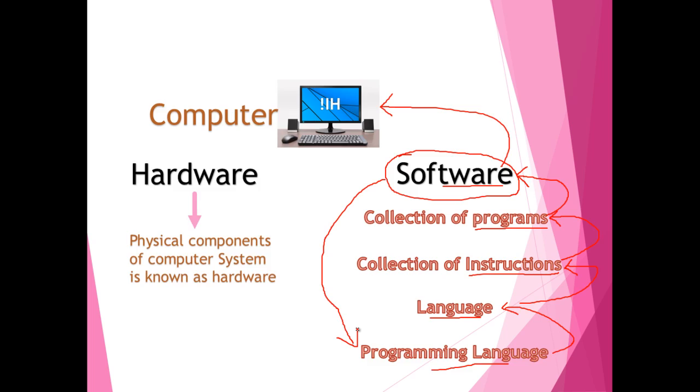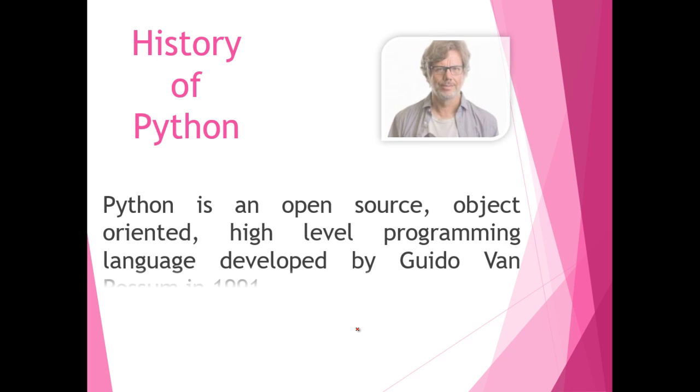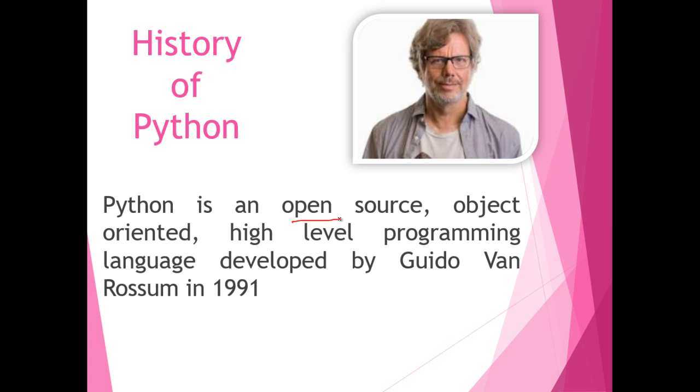So in our session we are learning about a programming language named Python. Let us know a little bit of history about Python: this Python language is basically an open source, object oriented and high level programming language. So we came to know three points about Python: it is open source, it is object oriented, and it is a high level programming language.